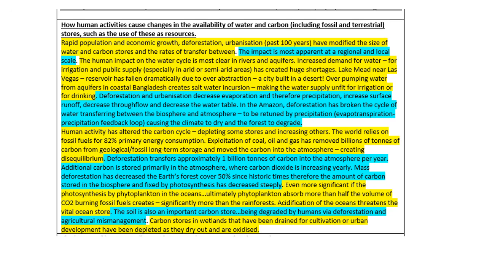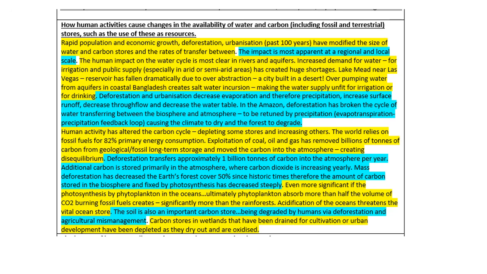And that additional carbon is stored in the atmosphere and then makes its way into the oceans as well through diffusion. Even more significant is the photosynthesis by phytoplankton in the oceans. Phytoplankton absorb more than half the carbon that burning fossil fuels creates, more than the rainforests.